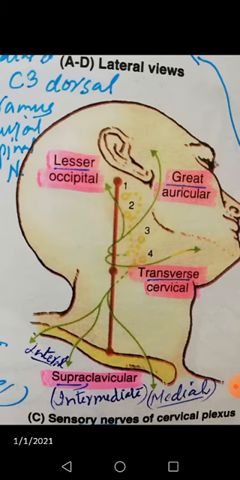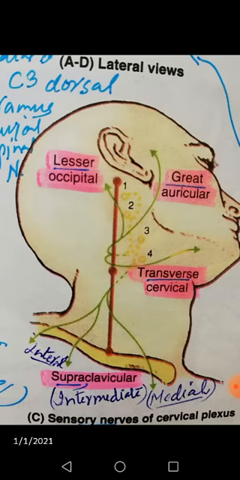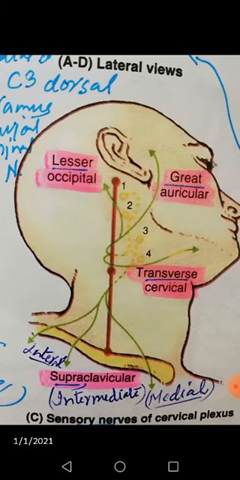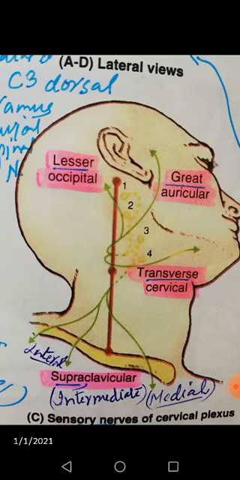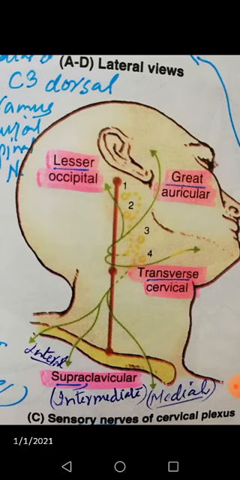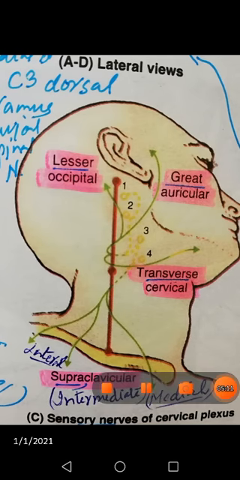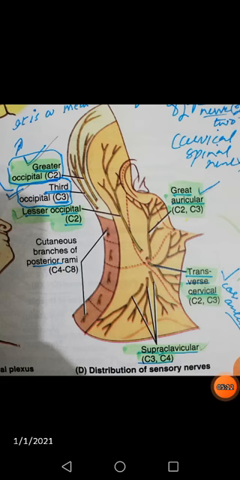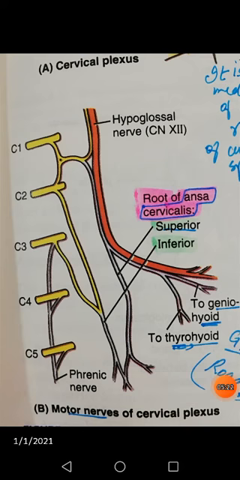It is going to divide into 3 small branches: the medial supraclavicular, the intermediate supraclavicular, and the lateral or posterior supraclavicular. They are going to supply the skin of the neck that crosses the clavicle and the skin over your shoulder as well. Again, in the picture you can see these four sensory nerves with their root values.